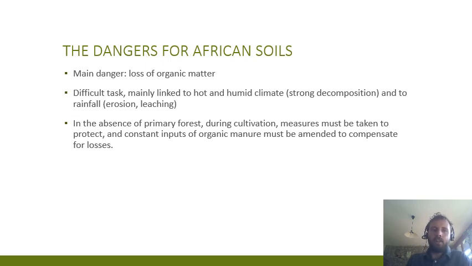And this is a difficult task, mainly linked to the hot and humid climate where you have a strong decomposition, and to the intensive rainfall in the rainy season that can cause intensive erosion and leaching. So basically, if you don't have a primary forest that can compensate, with an equilibrated system, you will lose organic matter from your soil in the tropics. So you really need a constant input to compensate for these losses.